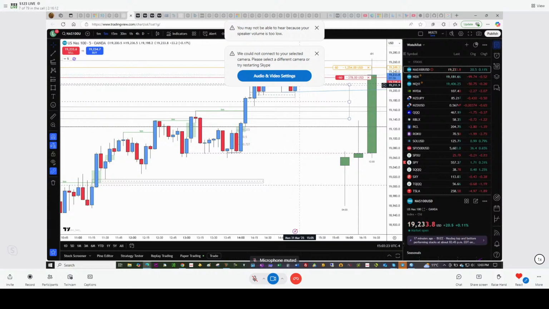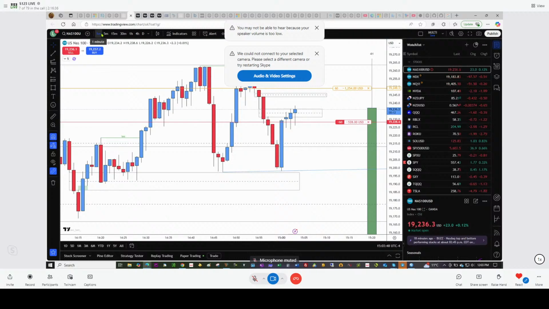So still a bit tentative there. Because they've swept the high, I wouldn't expect them to go back and take the high again. So I'm looking for them to drop it here. Excuse me. They're hanging around a bit too long.